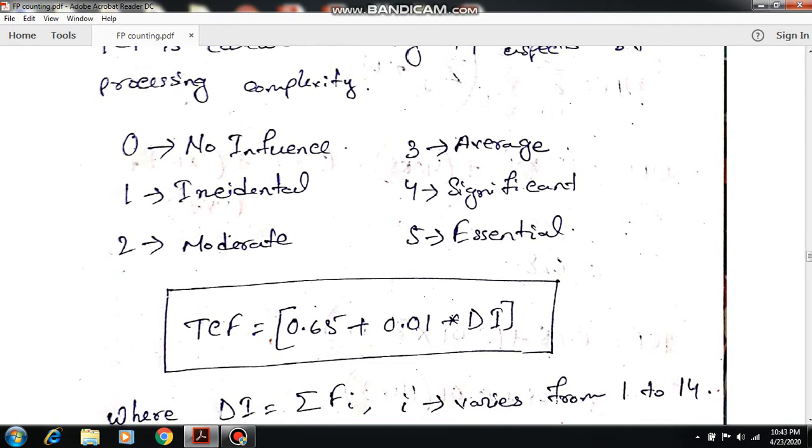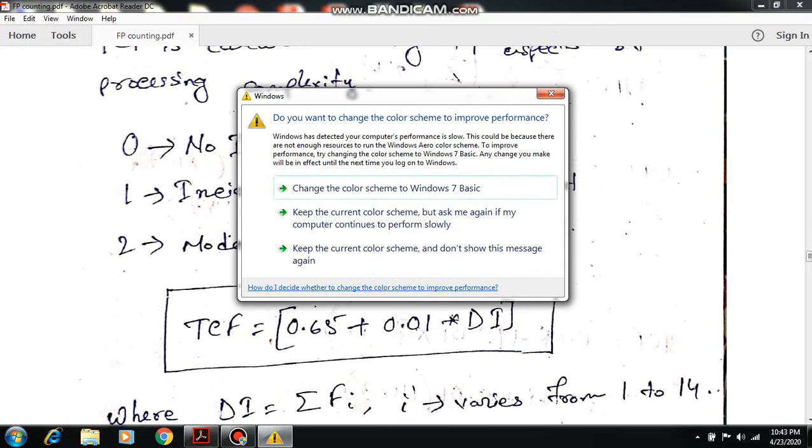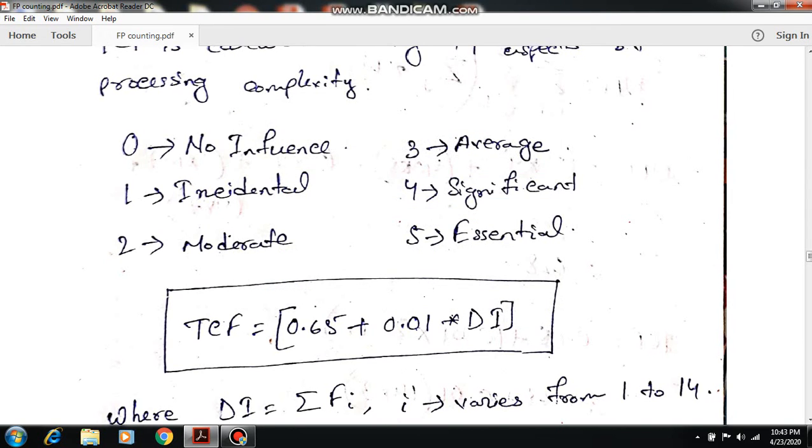Suppose we are asking some questions. There are 14 factors. Suppose I am asking the question: how reliable is your product to the customer, in terms of, say, accessibility, meaning how much the user can access your project.